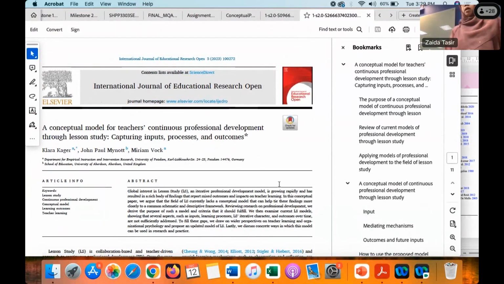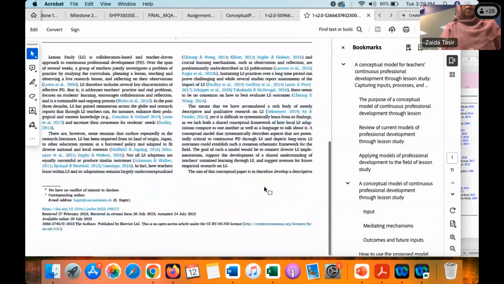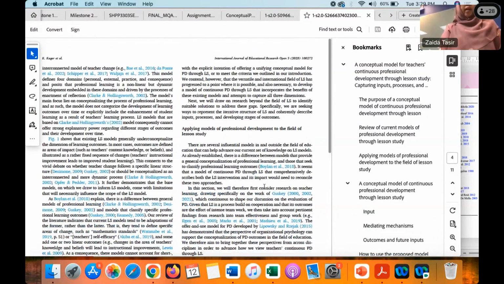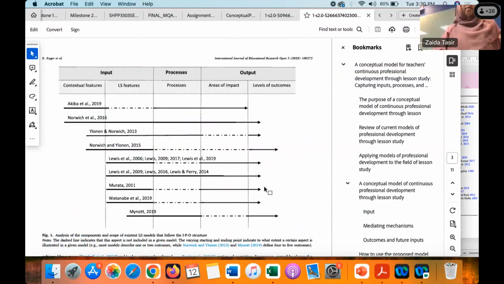in a Scopus journal. The title of this paper is A Conceptual Model for Teachers' Continuous Professional Development Through Lesson Study: Capturing Input, Process, and Outcome. If I scroll, you can see that there is no data. They only review the previous research.